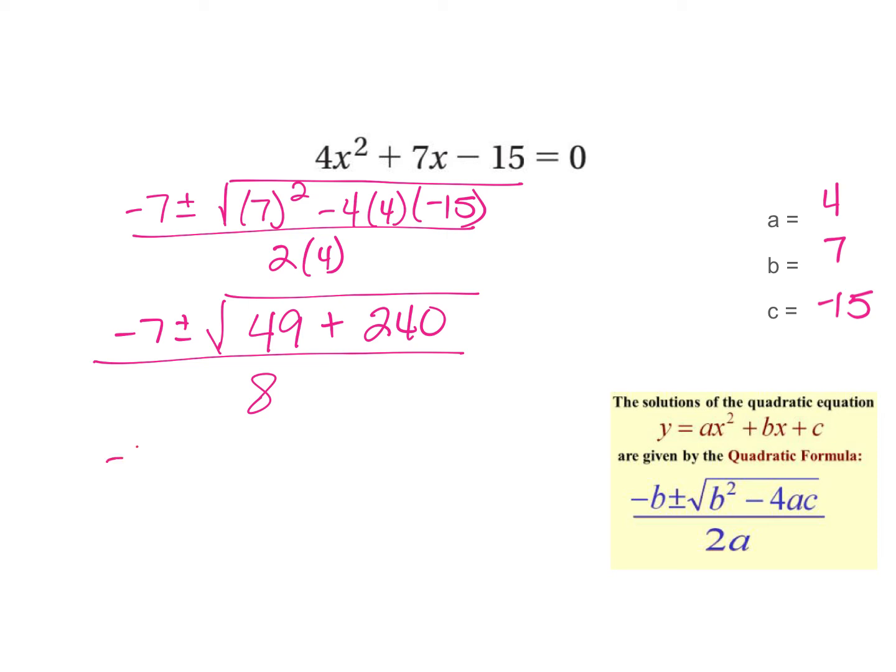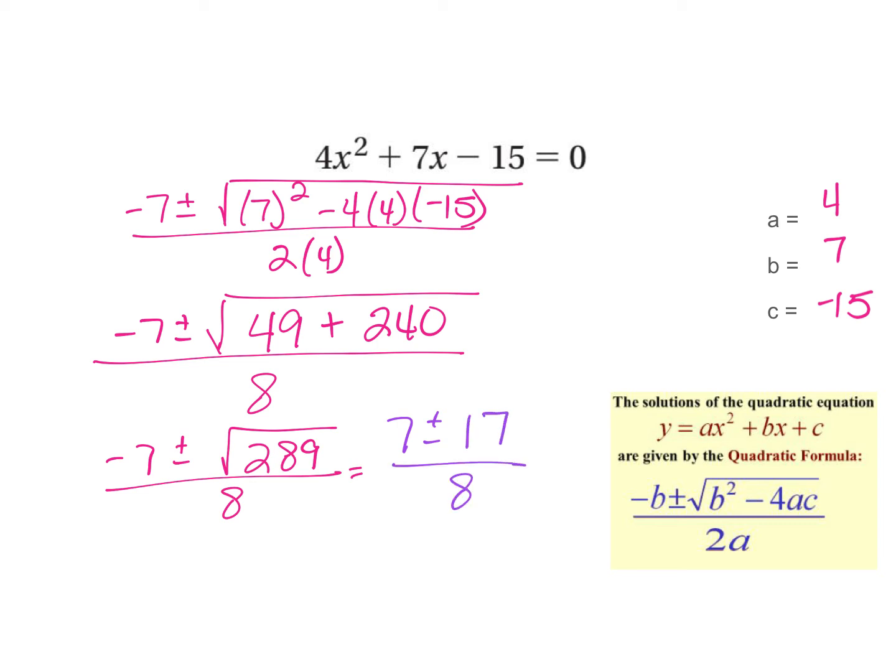So, negative 7 plus or minus the square root of 289 over 8. And I'm not sure if 289 is a perfect square, so let's check that. It is. Lucky us. So as I continue to solve this, the square root of 289 is 17 over 8.